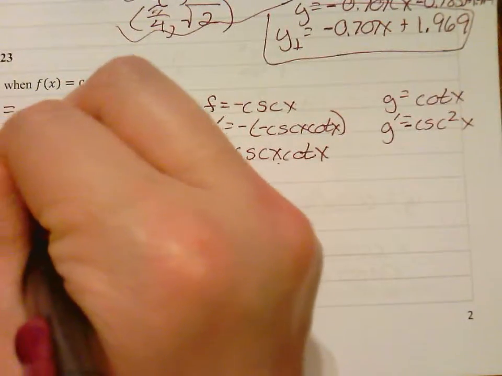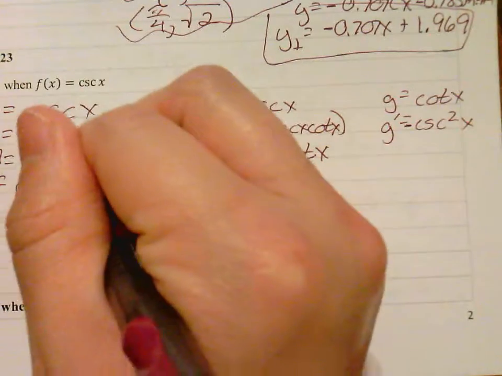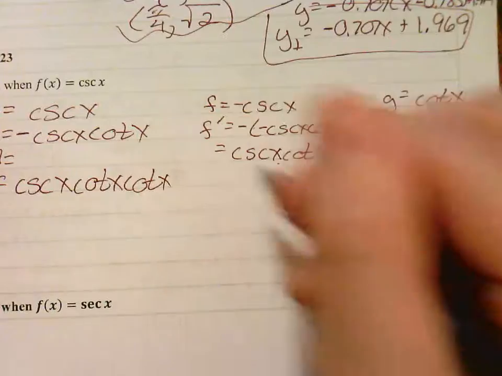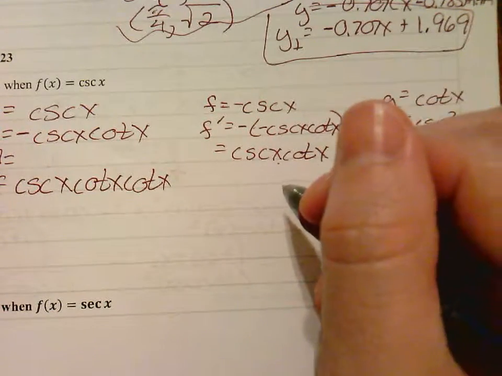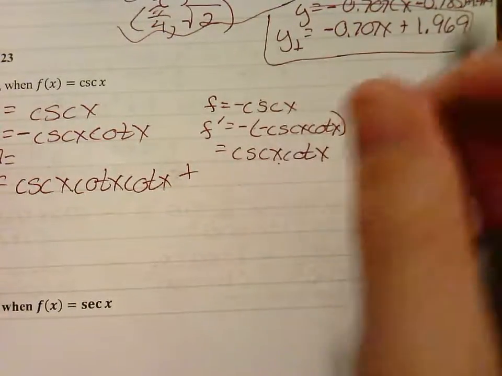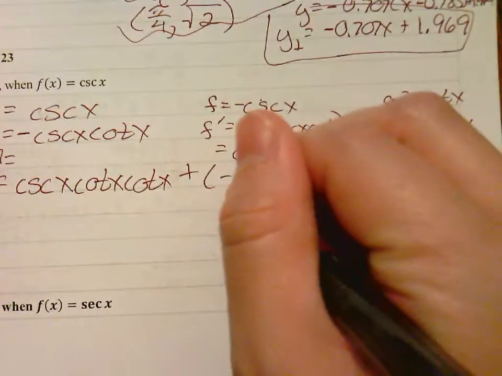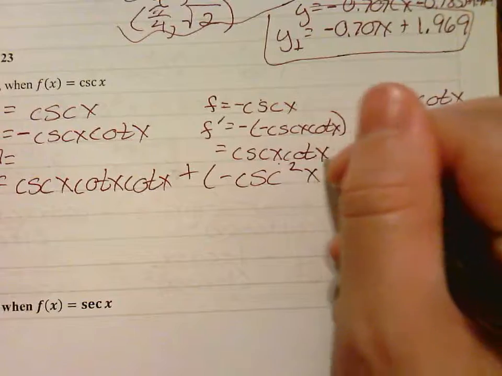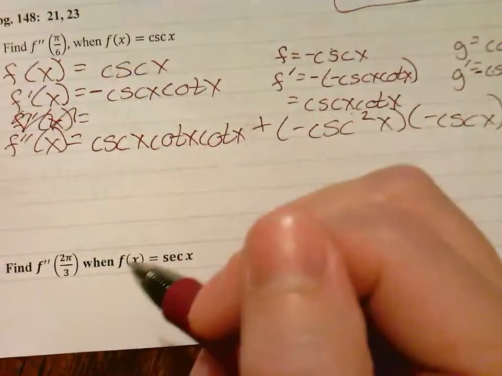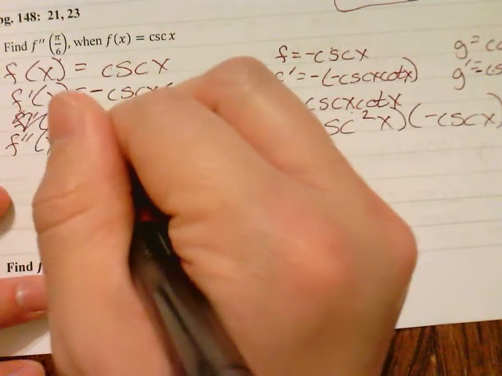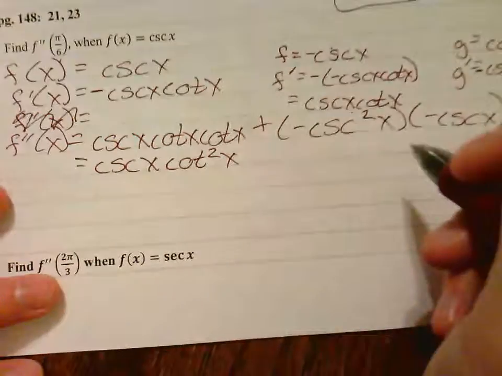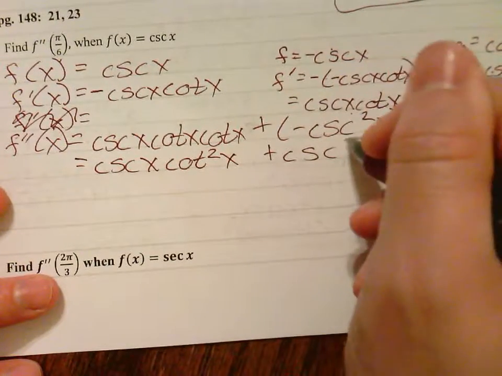So you get cosecant x cotangent x cotangent x plus g prime f, which is going to be negative cosecant squared x times negative cosecant x. Simplifying it out, you're going to get cosecant x cotangent squared x plus cosecant cubed x.